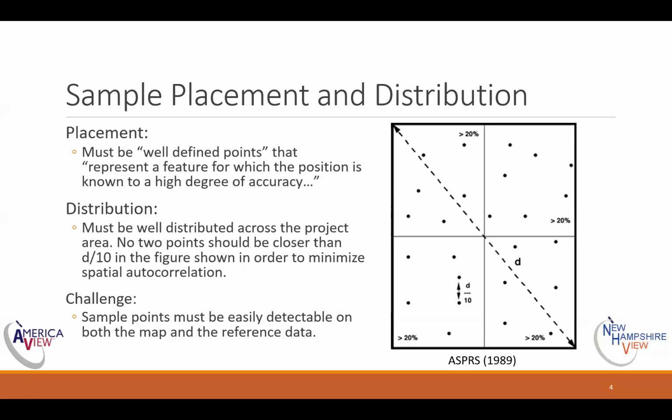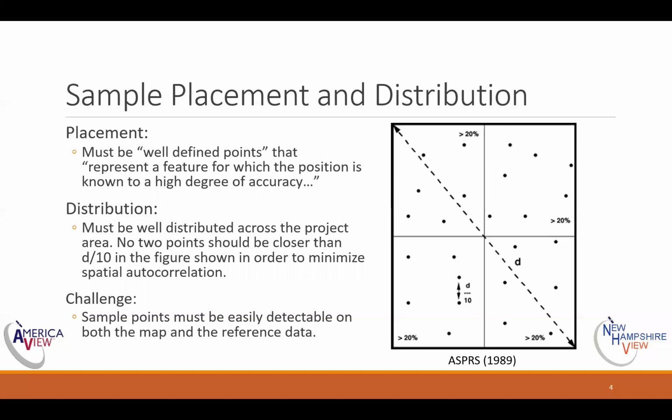That gets more challenging if we go into forested environments and things like that. Distributing the points is very important as well. You can see that they have to be distributed across the entire project. You can't just pick the places where it's easy to put the points, where the points are easily identifiable. You have to make sure that they're spread out throughout the map.